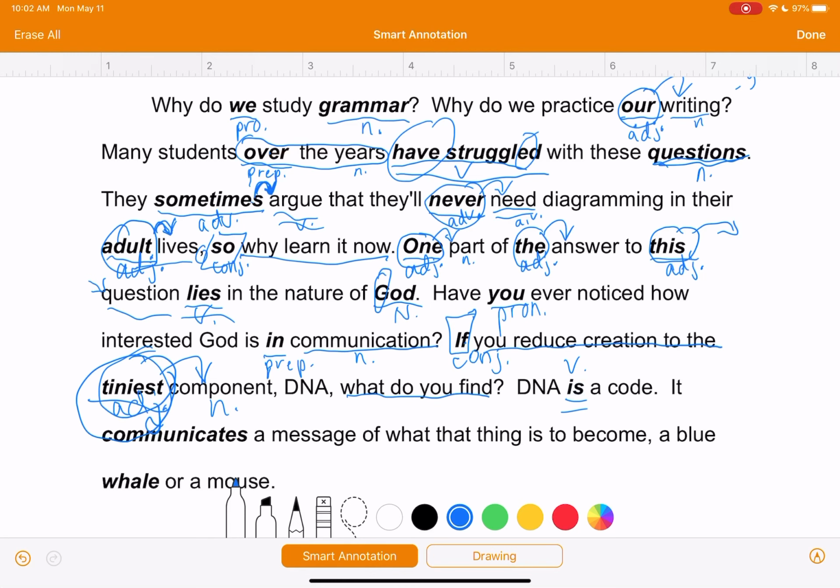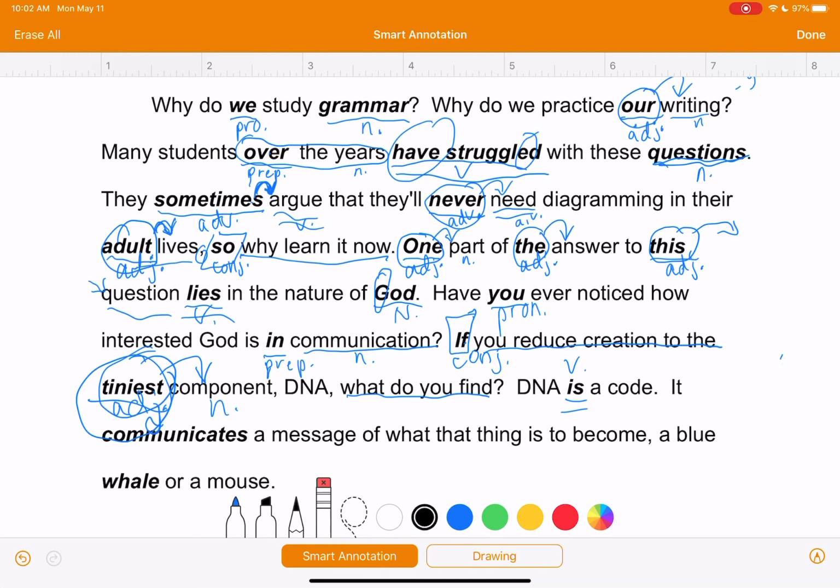It's a linking verb. 99.9% of the time the word is a verb. The one time it might not be is if you were writing a sentence about the word is and you said is an interesting word, then it would be a noun. But that's never going to happen pretty much.